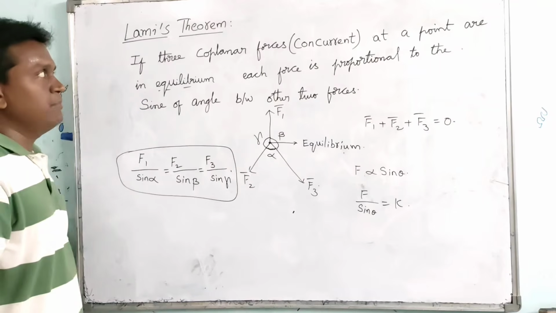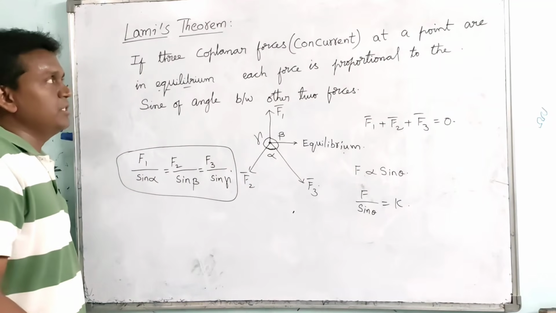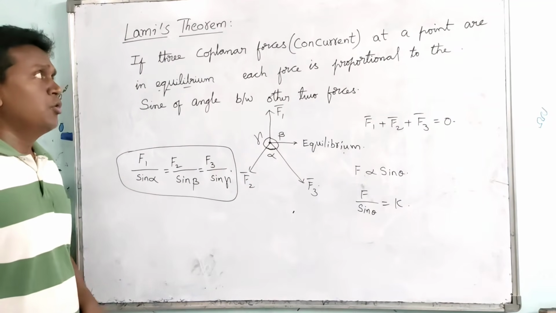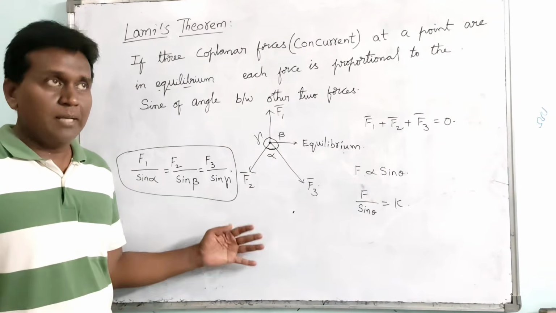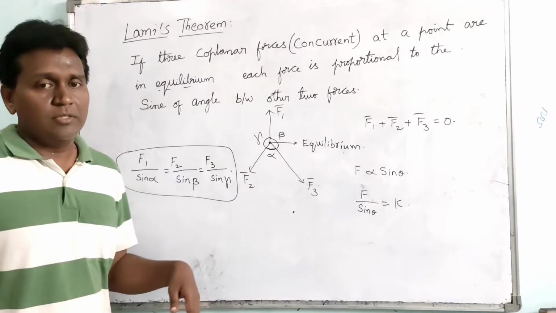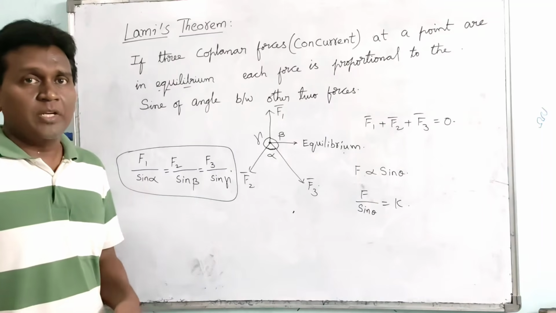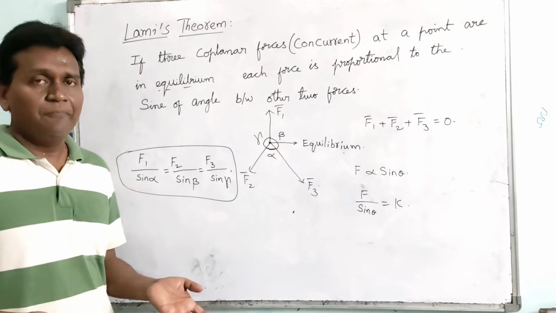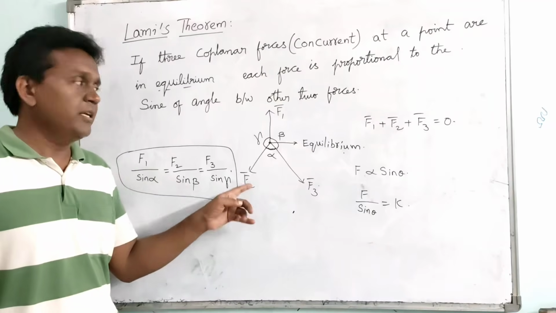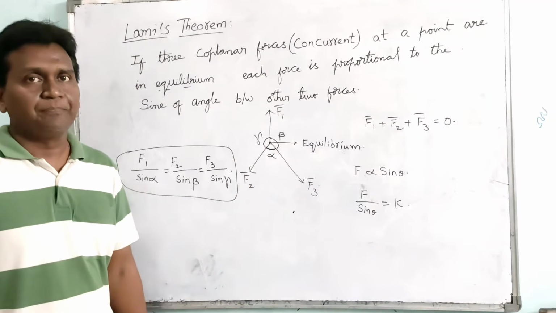This is Lami's theorem. Once again, if you see the statement, three coplanar forces means three forces on the same plane, and concurrent forces means these three forces are acting on the same particle.